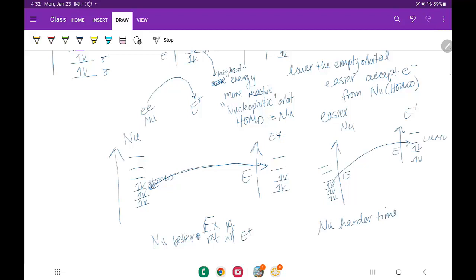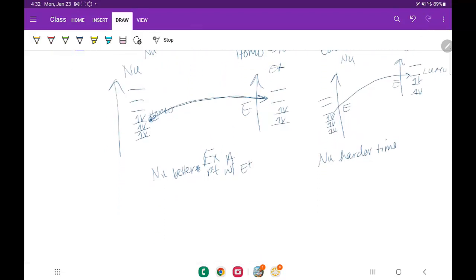So here are some examples of things that might make a HOMO or a LUMO higher or lower. If your nucleophile is stronger, that means the molecule is more unstable, because if your nucleophile is stronger, it's going to be more reactive, meaning it's more unstable. I would expect your HOMO's energy to be higher.